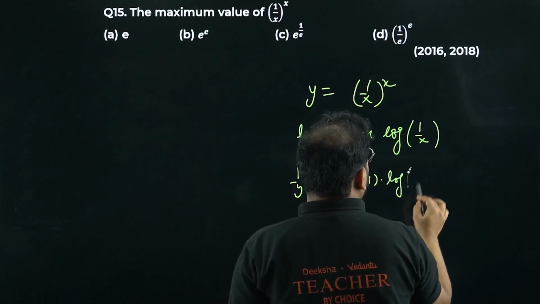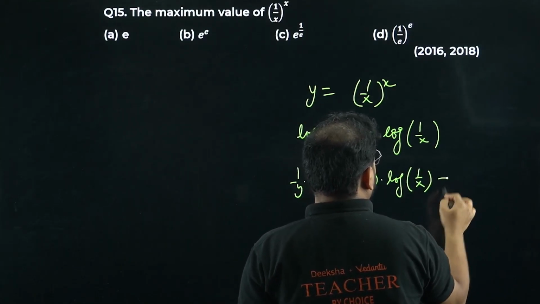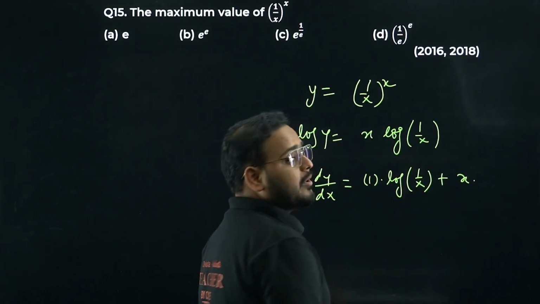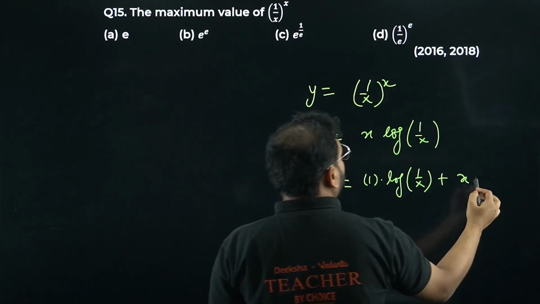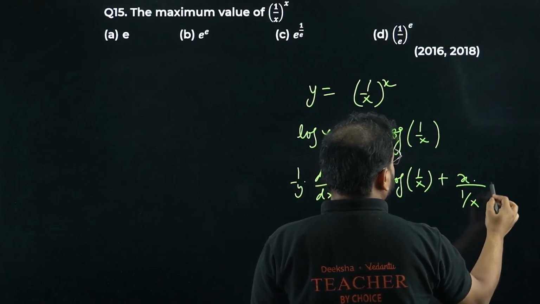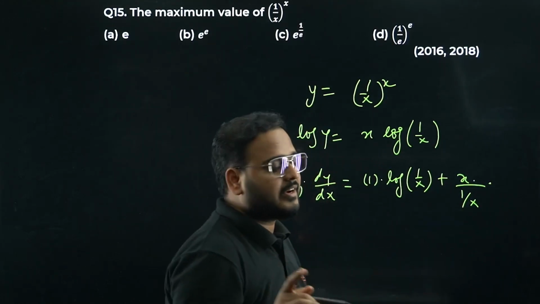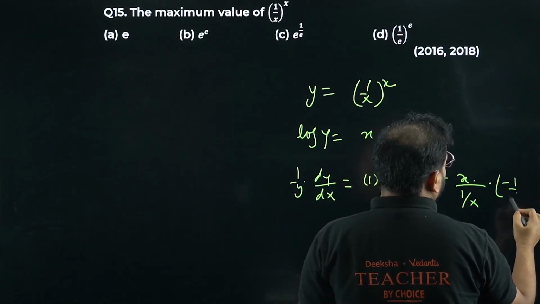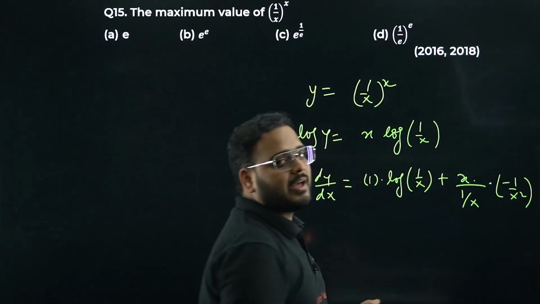You get log of 1 by x. This time put a plus sign, keep x as it is. Now you have to take log of 1 by x. What are you going to get? You will have 1 upon 1 by x, and derivative of 1 by x will be nothing but minus 1 upon x square.